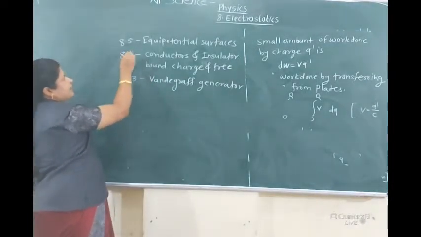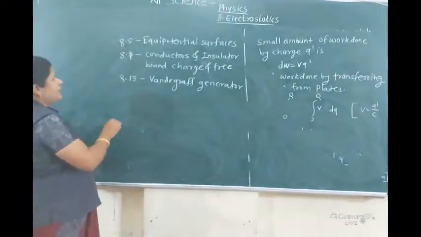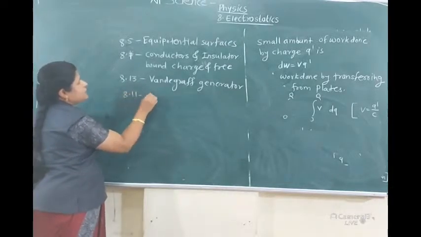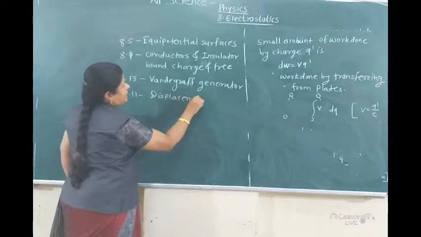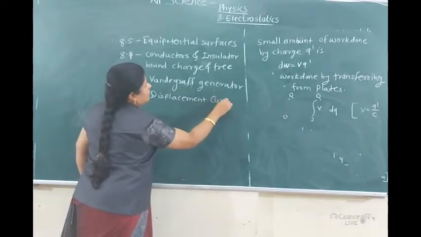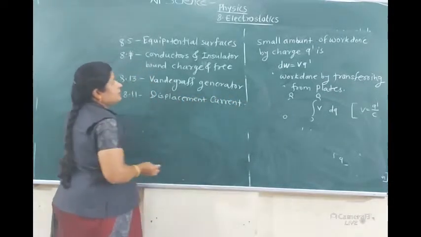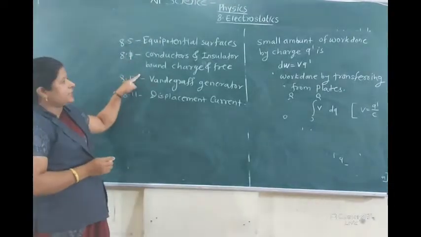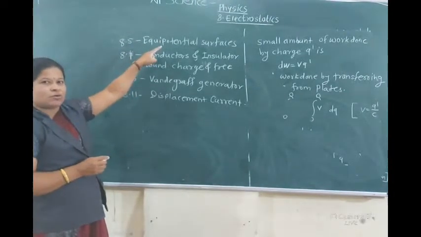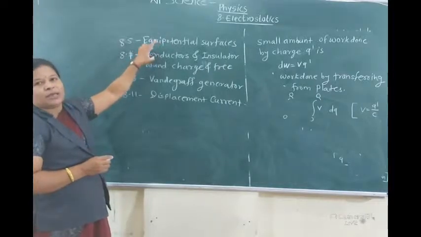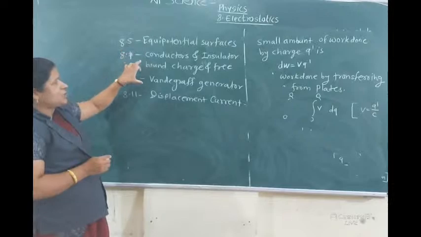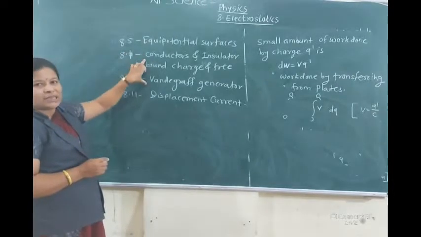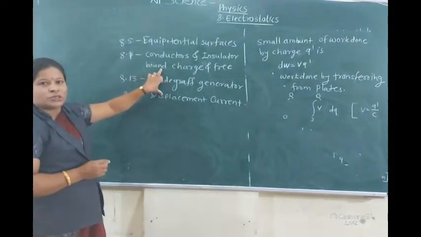Sorry, this is 8.7 and 8.11 is displacement current. These 4 points are reduced from this chapter, electrostatics, for this year only. So these reduced topics need not be studied.